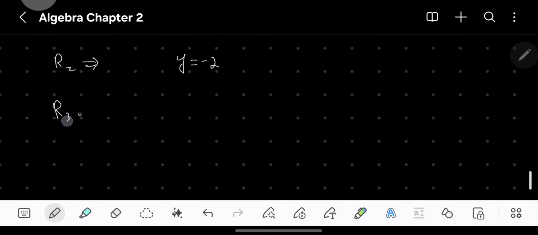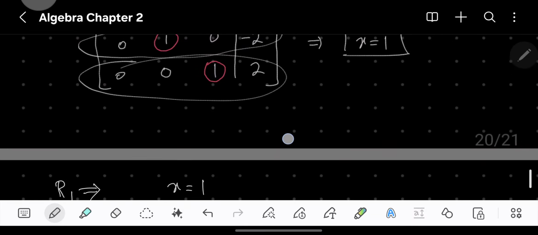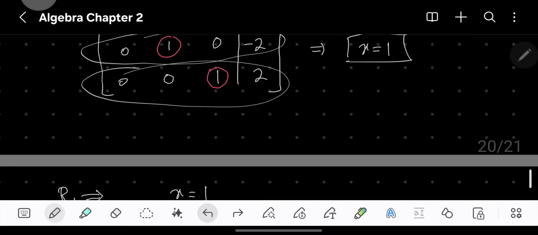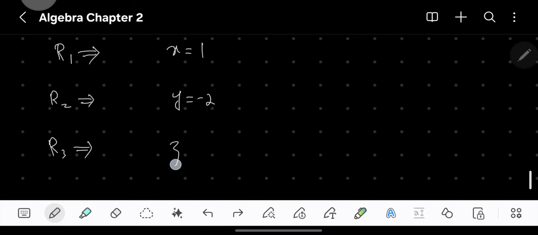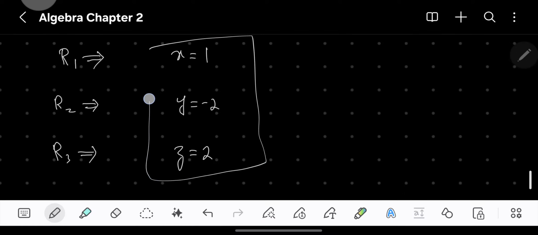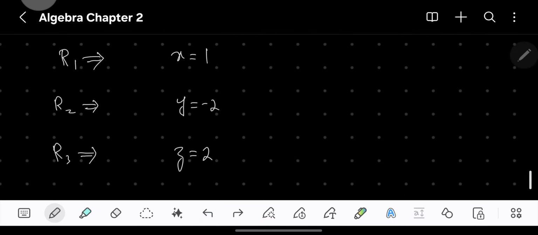And row 3 implies z is equal to 2. This is how we read the solution after converting the augmented matrix into row reduced echelon form. That's all.